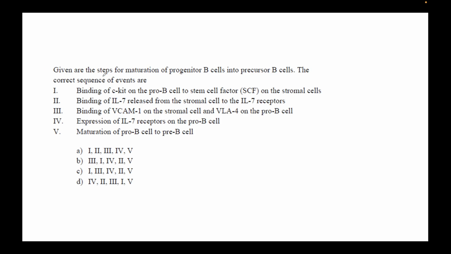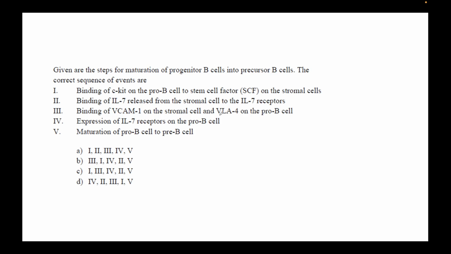Given are the steps of the maturation of the progenitor B cell into the precursor B cell. The correct sequence of events starts with the binding of c-kit on the pro B cell to the stem cell factor, and IL-7 released from the stromal cell.